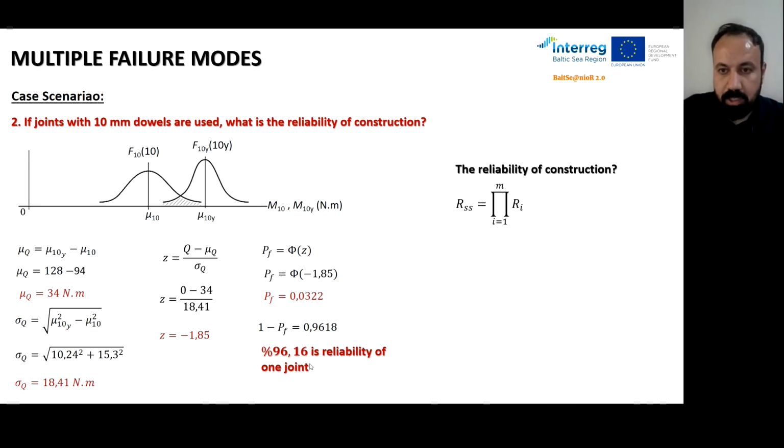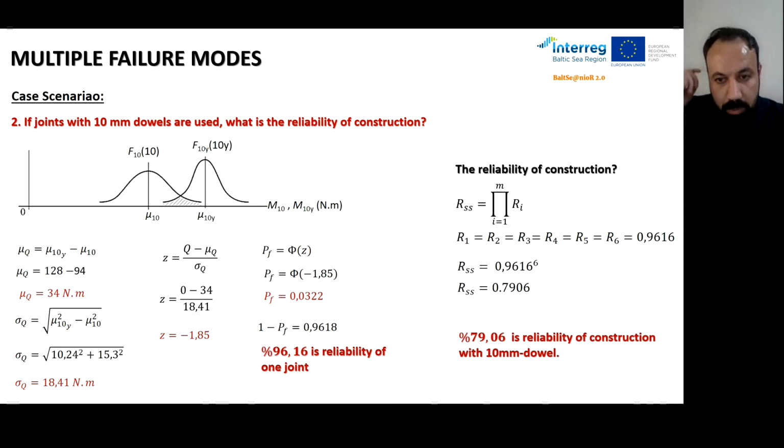So I just calculate my reliability of construction using the same procedure again. My reliability is getting higher compared to 8 millimeters. My reliability right now is 79.06%. If I use 10 millimeter dowels, my reliability is almost triple in the same construction.